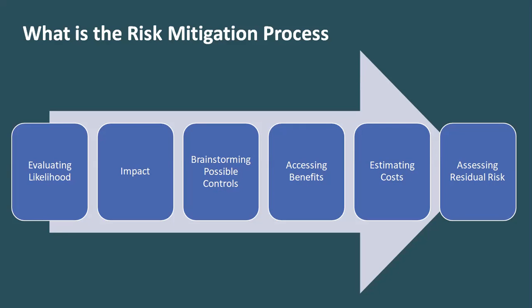Now, once we have the control measures in place, we must assess what the benefit will be, right? Let's say if we have XYZ control, it's going to cost us 1 million, but if that risk actually happens, we will save $100 million. So our actual cost is only $99 million.